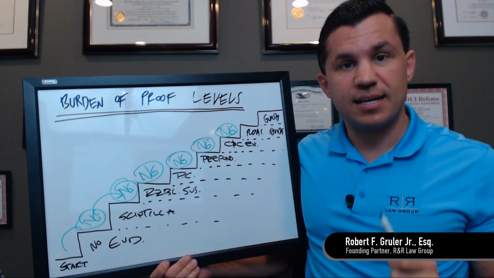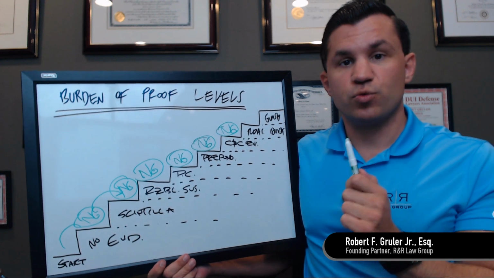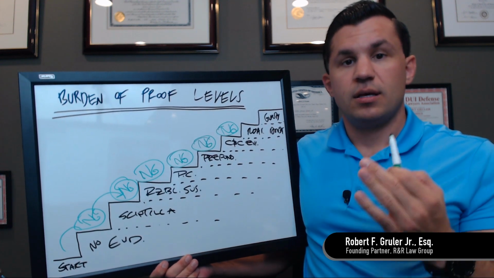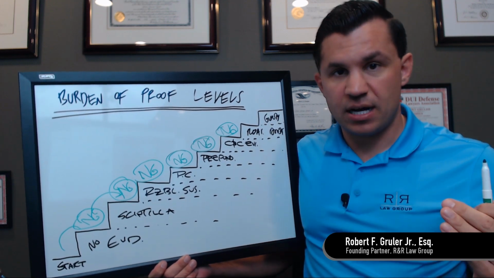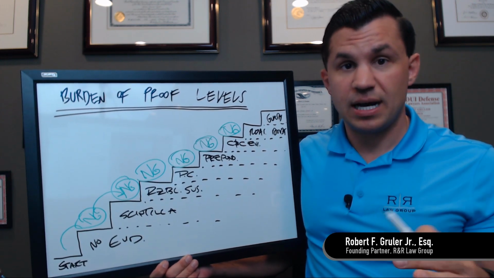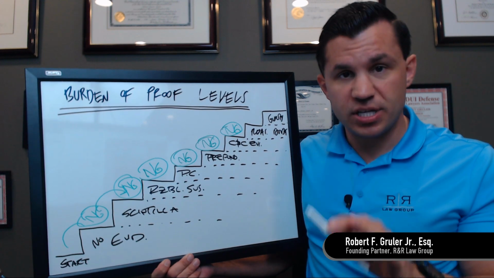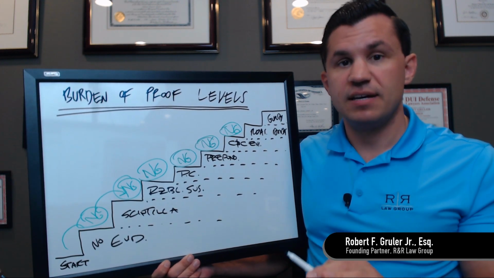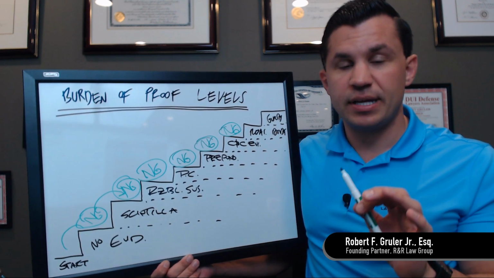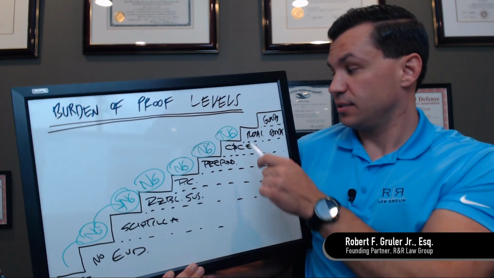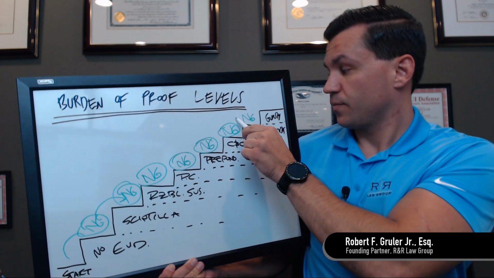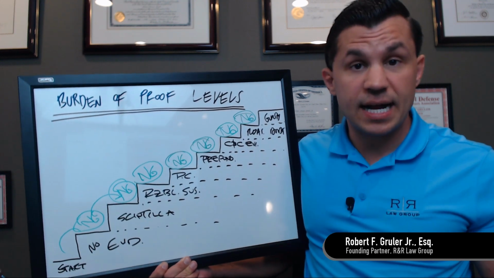The next level is what's called reasonable doubt. If there is doubt, any amount of doubt that's reasonable about what happened in a particular criminal case, if there's any reasonable doubt at all, still not guilty here. Still not guilty.